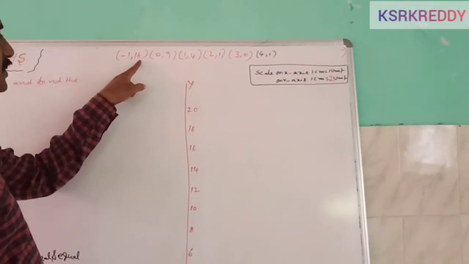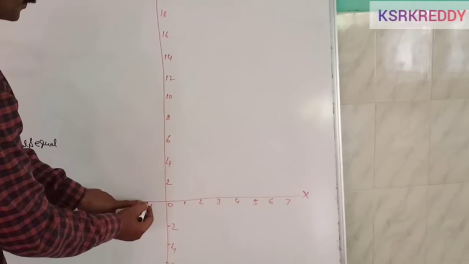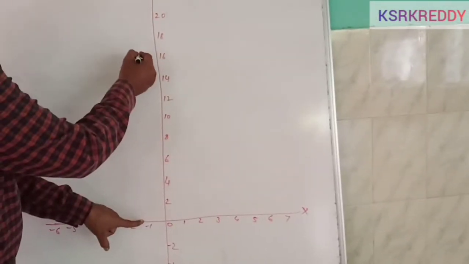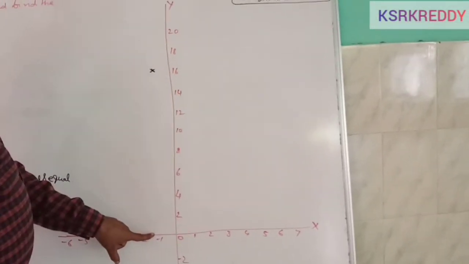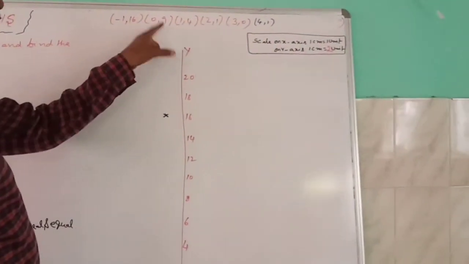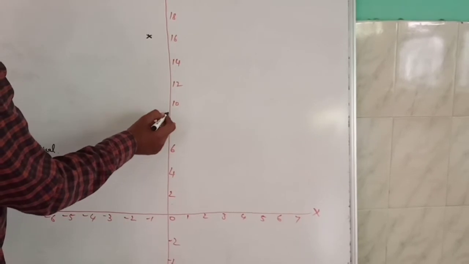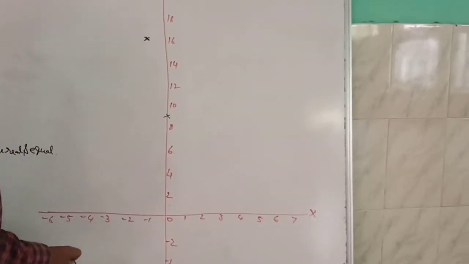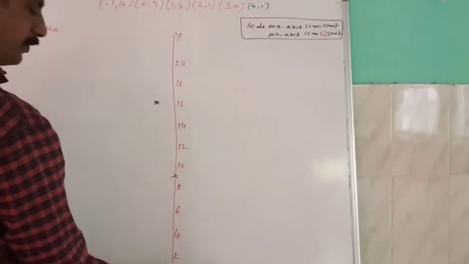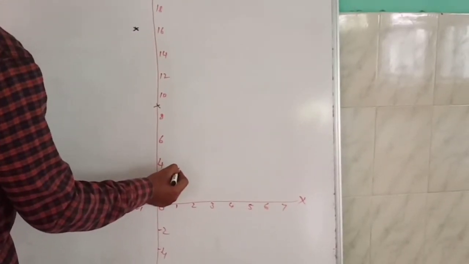Minus 1 comma 16. 0 comma 9, which is between 8 and 10. Next 1 comma 4.